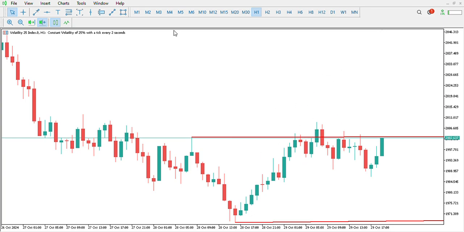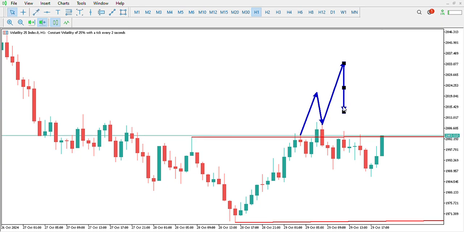If it breaks the previous day's high and comes back and retests somewhere like here, then it respects the previous day's low and goes up, I'll wait for my retest at this point and enter the market here. Of course, there will be a liquidity grab at this place.